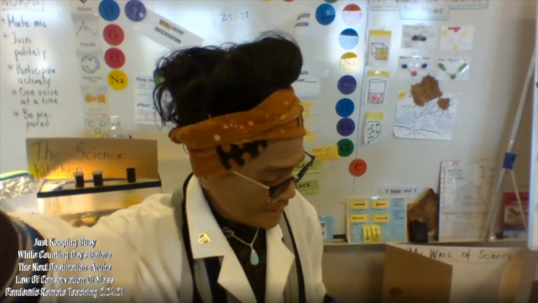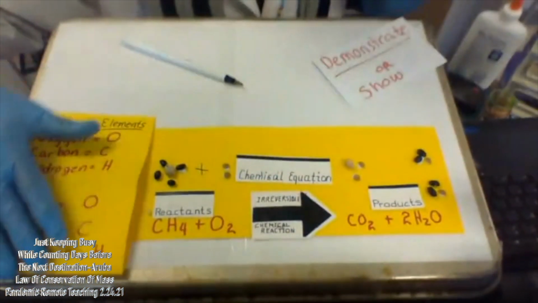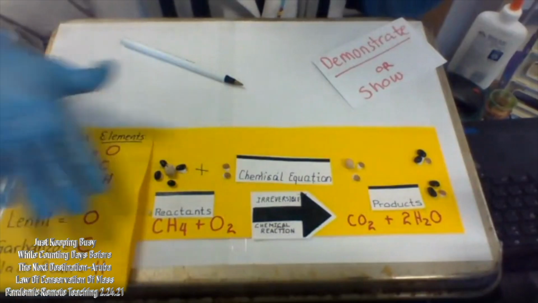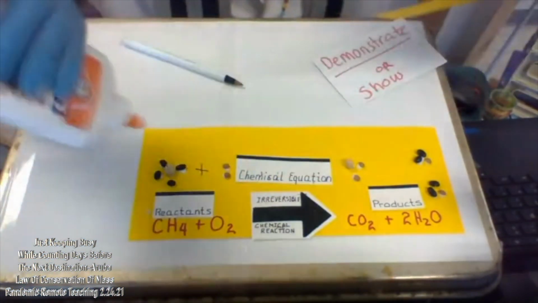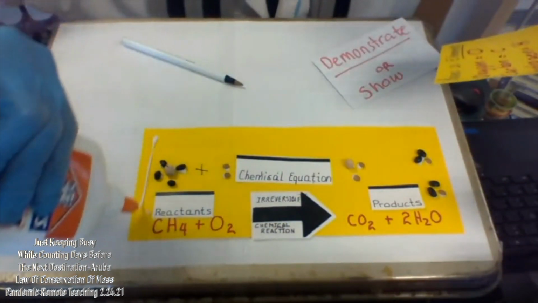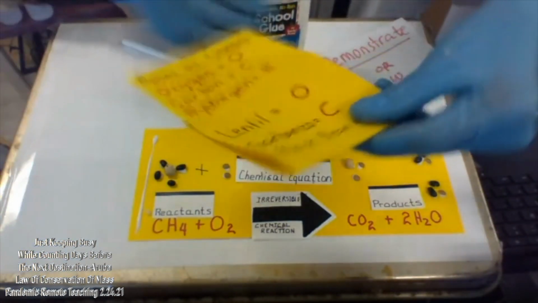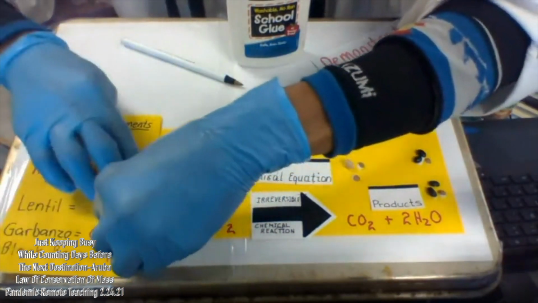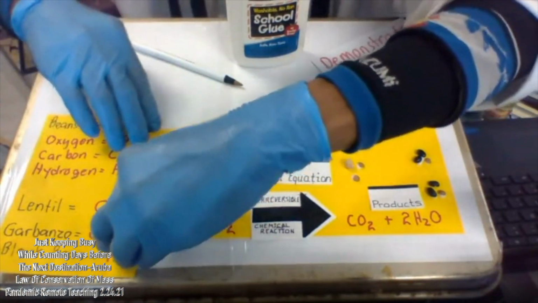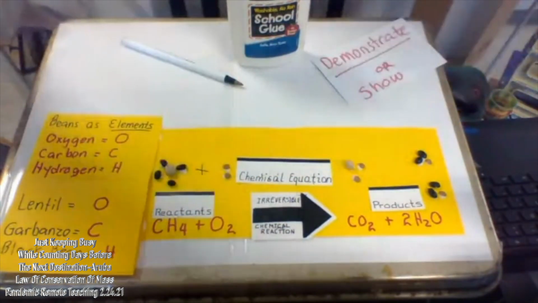Now, in order to make certain that I remember the representations of each of them, I will make certain that I have this next to the project. I will also glue this one next to the project. And this is my chemical equation.